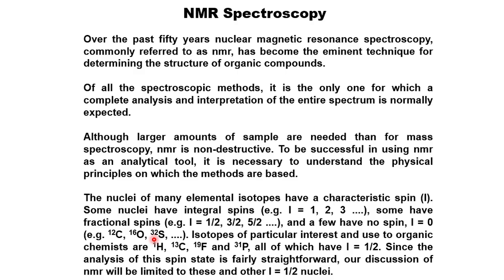So the isotopes of particular interest and use to organic chemists are basically 1H, that is proton, 13C, the isotope of carbon 13, 19F, and 31P, all of which have half-integral spin, since there is an unpaired or odd number of protons. In 1H there is one unpaired proton, in 13C also one, in 19F also one unpaired proton, and in 31P also one unpaired proton.